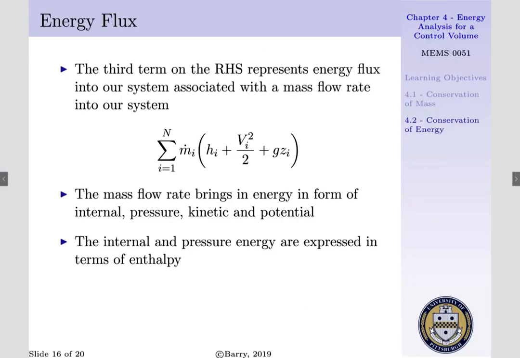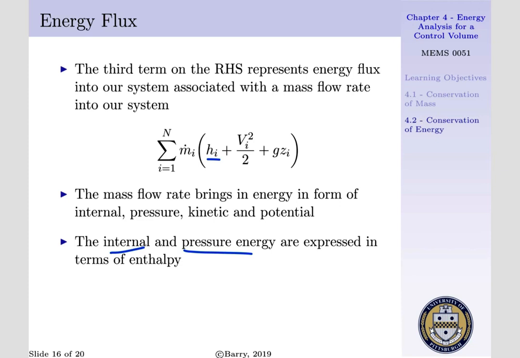Now, this term, i.e. our energy flux, that is associated with our mass flow rate has three unique terms. Our fluid is able to bring in enthalpy, which is going to be the sum of our internal and pressure energy within our system.